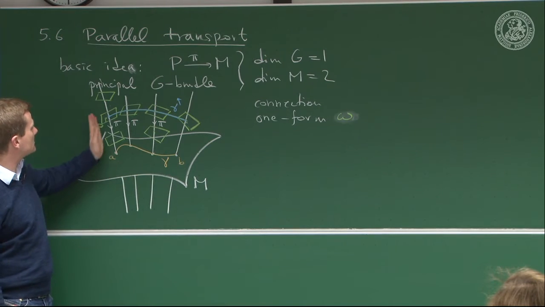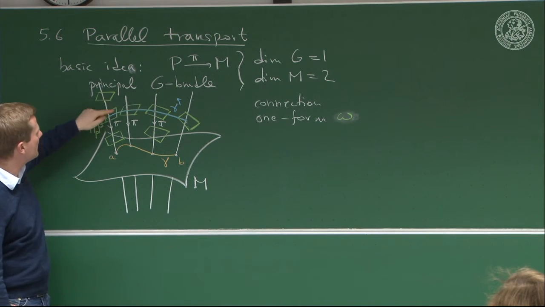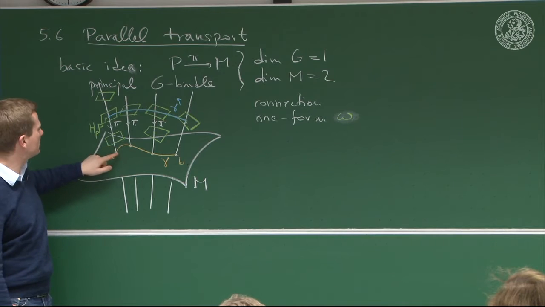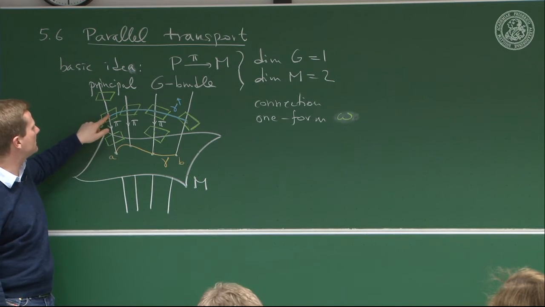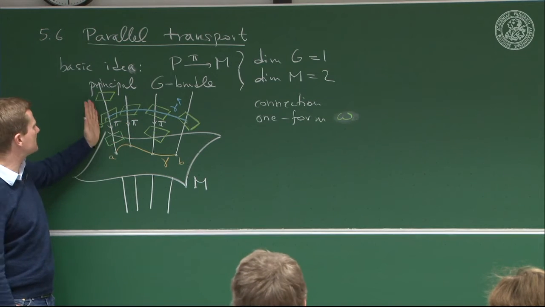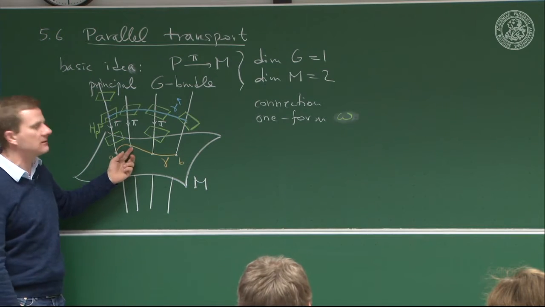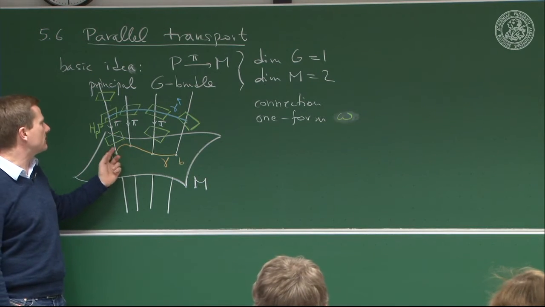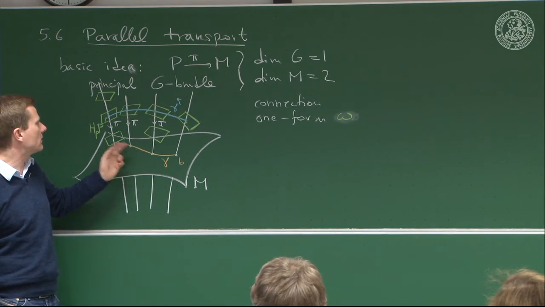But this isomorphism, so how this point is being mapped to this point, crucially depends on how the curve connects the 2 fibers. If the curve connects the same 2 fibers in another fashion, there may be a different map of this point to, say, this point. Okay? So this mapping between the fibers will depend on what path in the base manifold I choose. And that this is dependent on the path in the base manifold will lead to a notion of holonomy, which we're going to talk about.